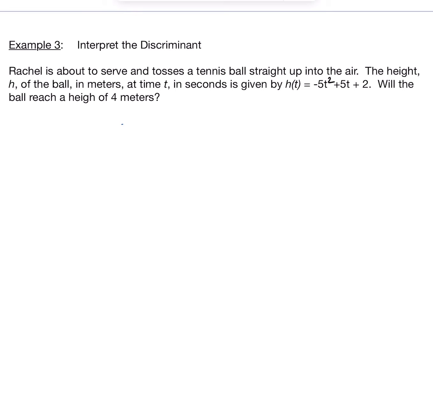So we have negative 5t squared plus 5t plus 2, and we're determining if it reaches a height of 4 meters, so that's going to equal 4. Now we're going to move this 4 over to the other side by subtracting 4 from both sides, and we get negative 5t squared plus 5t minus 2 is equal to 0.